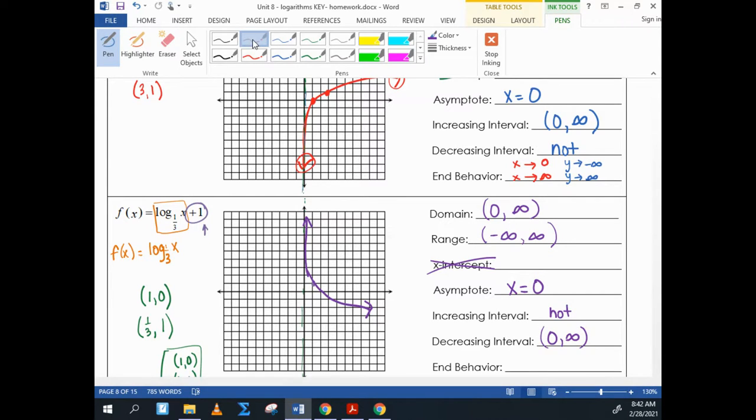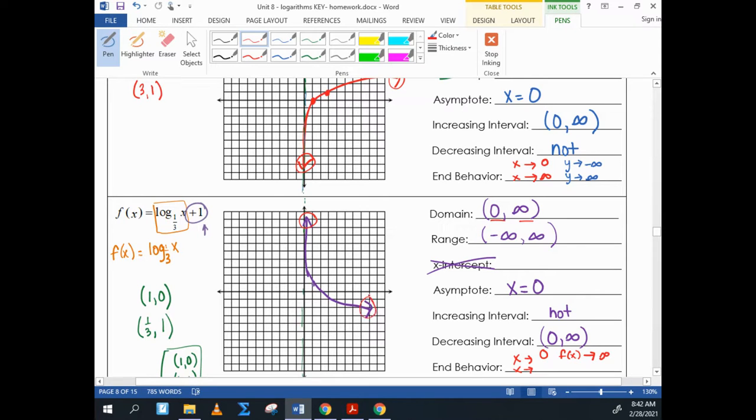And then end behavior. Let's go ahead and write end behavior. Again, use the 2 ends of your domain. The left end of your domain is 0 here. And for your y, or I guess I should probably write f of x because you guys are now juniors, see how those f of x values are going up to positive infinity on the left.